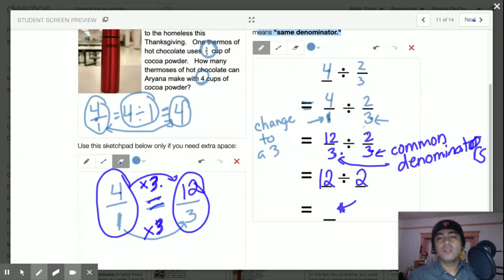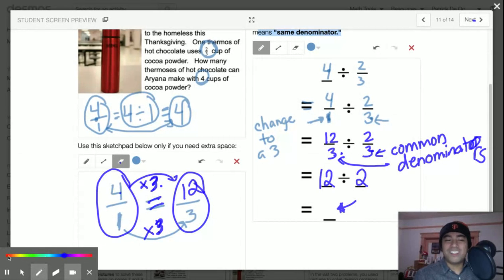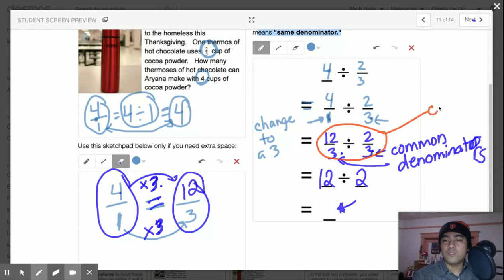Okay? Now, one last thing. If this part right here is confusing you, and if this part is also confusing you, I would draw 12/3.